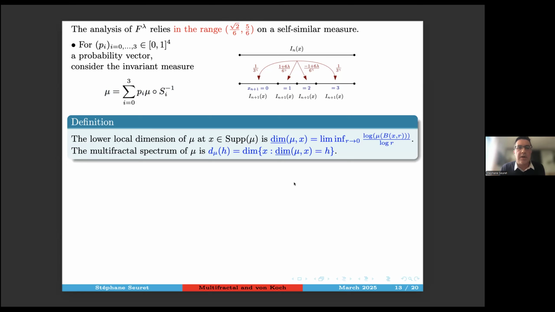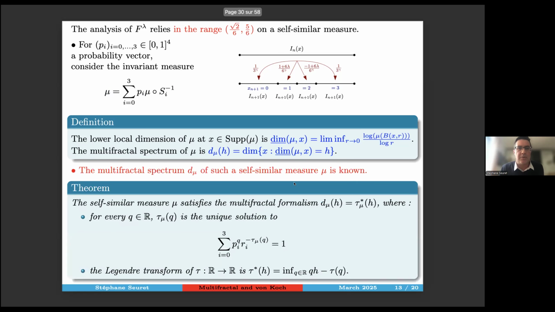So I recall the notion of local dimension, but most of you know it. And so the fact is that such a measure satisfies the multifractal formalism, in the sense that its multifractal spectrum is given by the Legendre transform of its LQ scaling function, right? And this LQ scaling function is the unique solution to this equation.